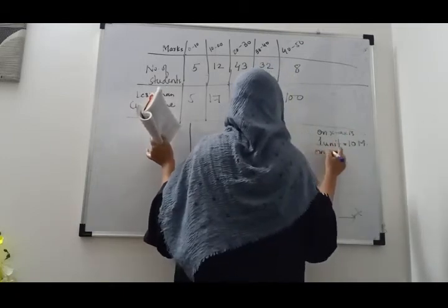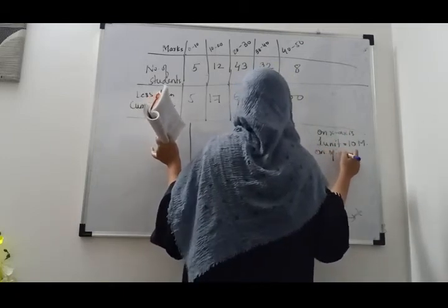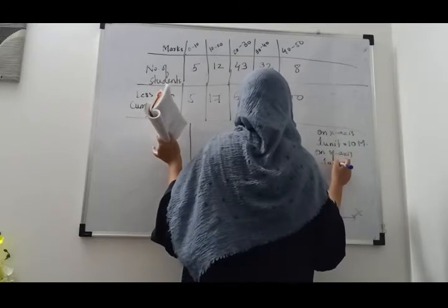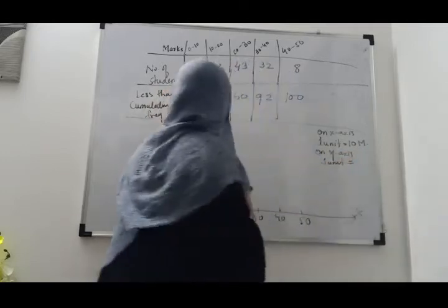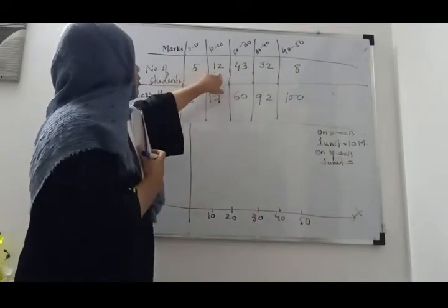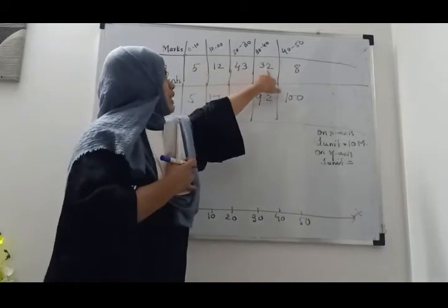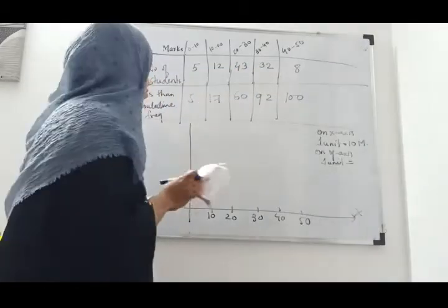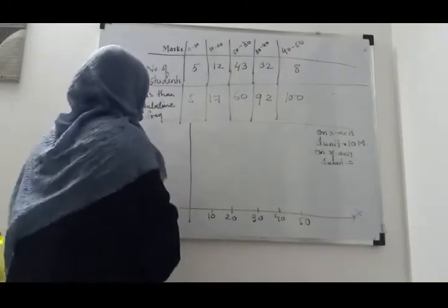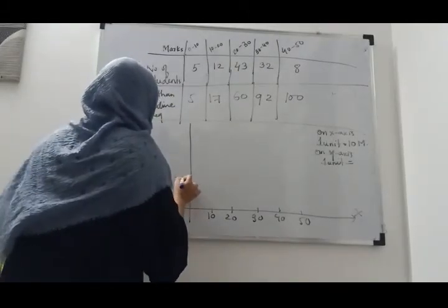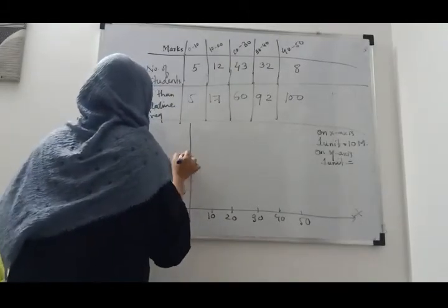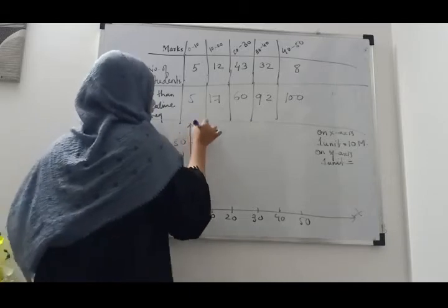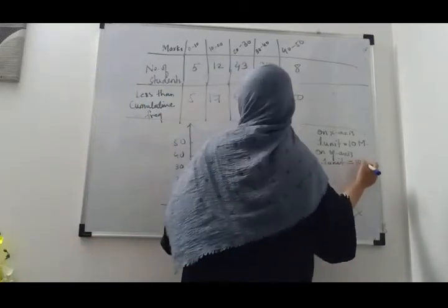And on y-axis we are taking 1 unit as, see here, 5, 12, 43, 32, the highest number is 43, so we'll take 10 difference. So here it will be 10, 20, 30, 40 and 50. So unit will be 10 number of students.